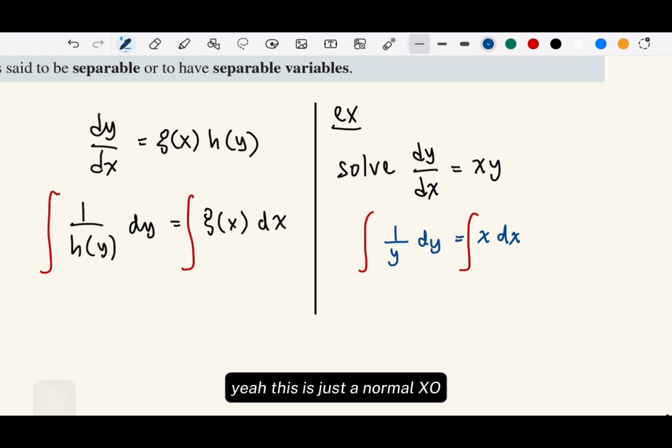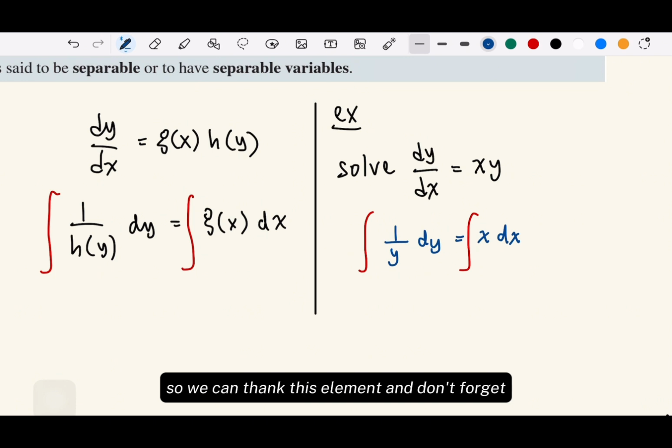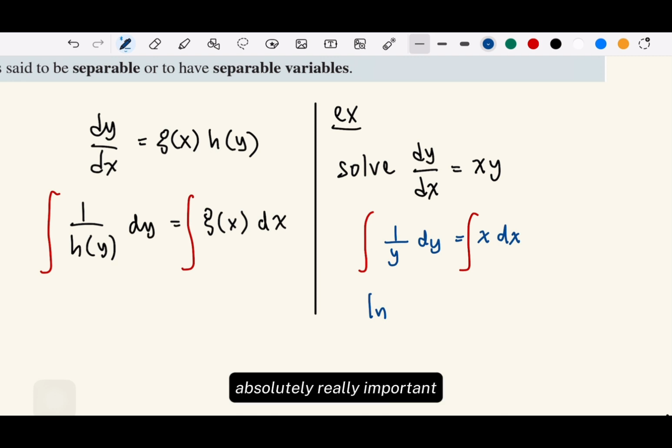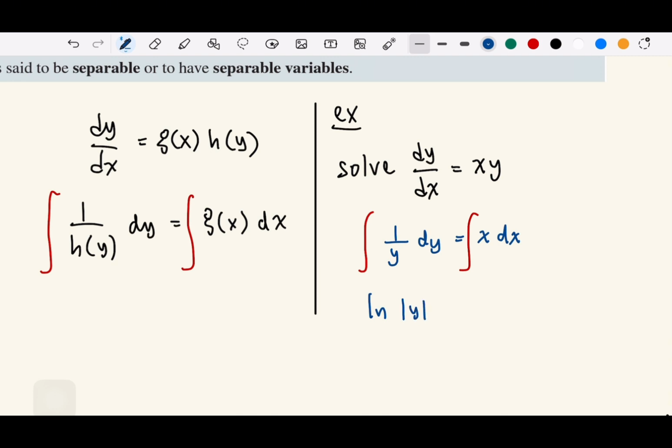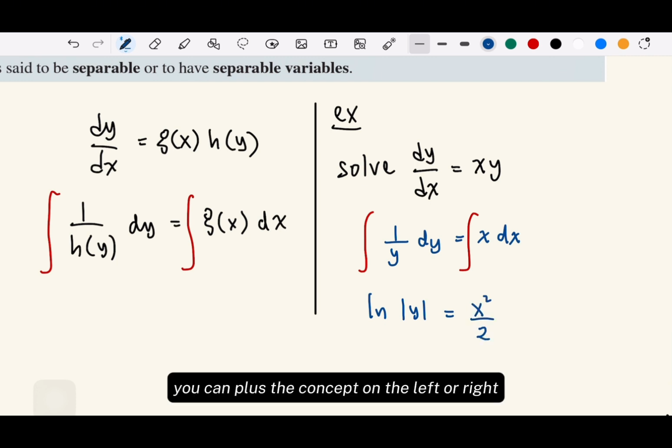This is ln, and the integral of x is x squared over 2, right? So we could take this ln, and don't forget absolute value. Really important. And then x squared over 2. You can plus the constant on the left or right, but usually on the right, okay, just for default writing. But if you plus on the left, still okay, because the constant can be on the left or right.